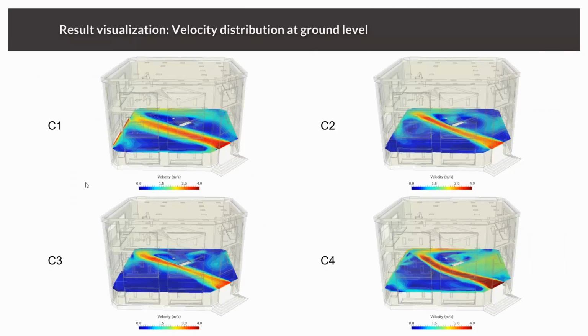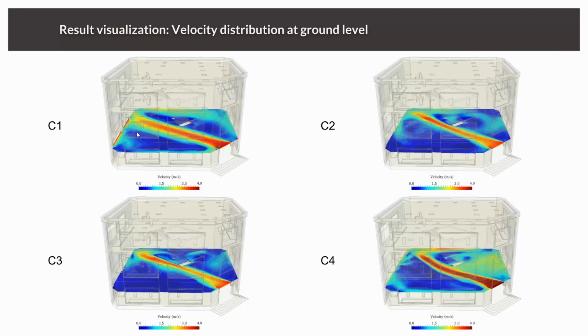So let's take a look at the results. What we can see now is the visualization of the velocity distribution at head level inside the ground floor for all 4 different configurations. And don't forget the scale: 0.8 is the transition from dark blue to cyan.